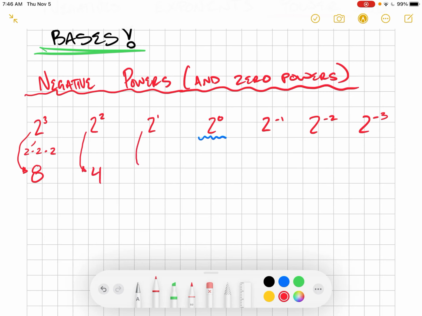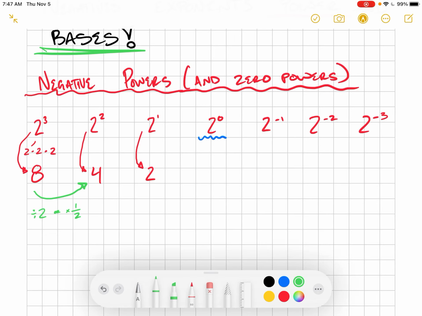And 2 to the first power, 2 times itself one time, is just 2. Okay, so you notice a pattern here, right? These numbers are decreasing by 2, right? Divide by 2, or they're being multiplied by 1/2. They're shrinking by half, right? Or by a factor of 2.